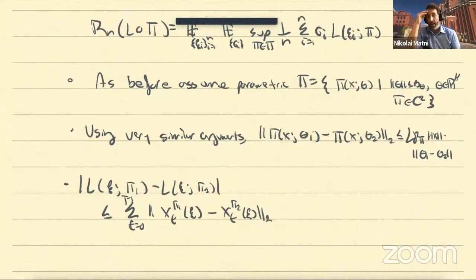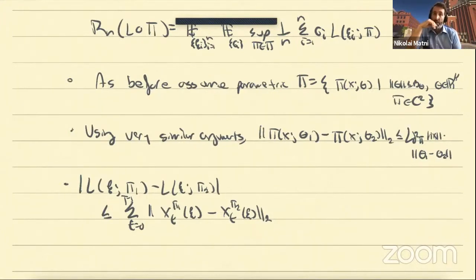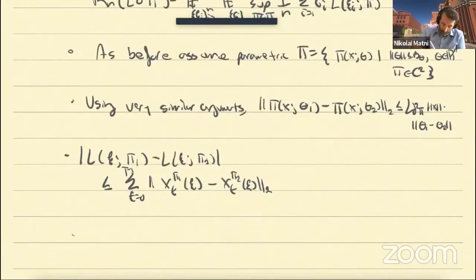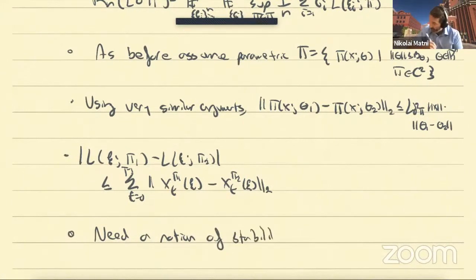So we need to somehow argue that the map from the policy pi to the trajectory x is also Lipschitz in pi. It's not obvious how to do that in a nice way, given the tools or the stability assumptions that we've made so far. So specifically, what we need is a notion of stability that allows us to bound differences in trajectories.